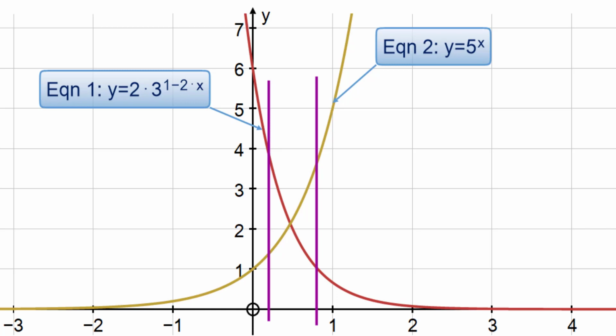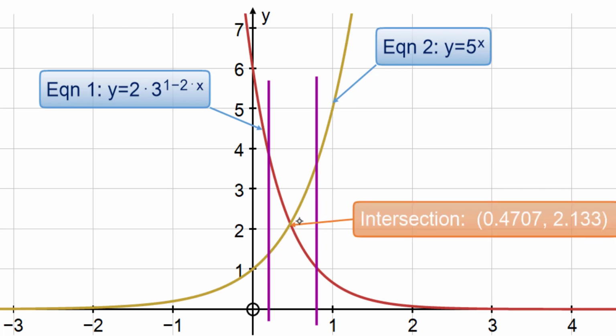So if we see these two lines, any vertical random line we can see here. For the first line we can see the red line is above, so 5 to the power x is less than, so we need to see the intersection point.